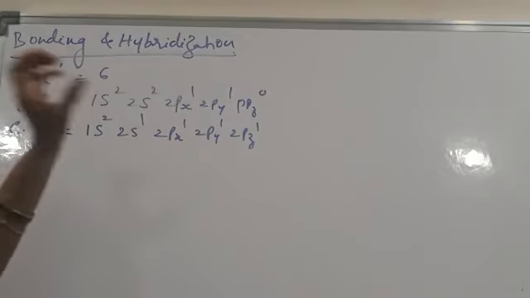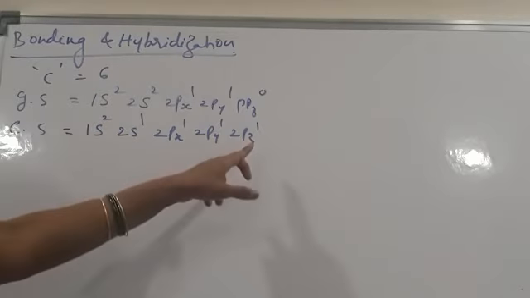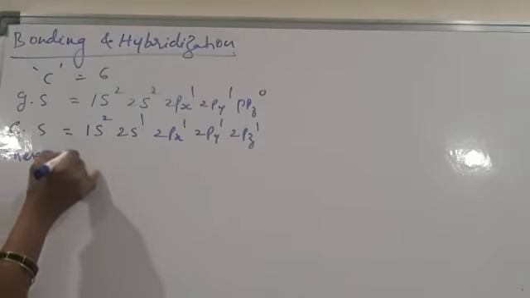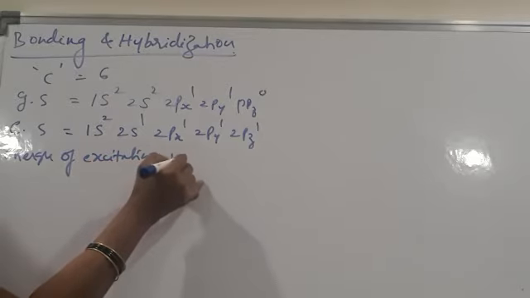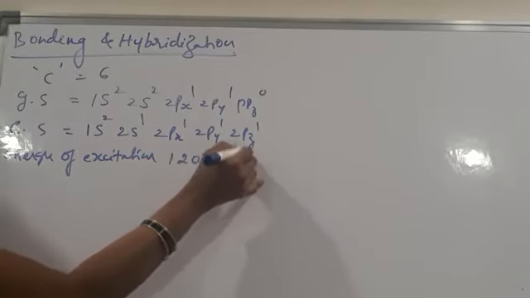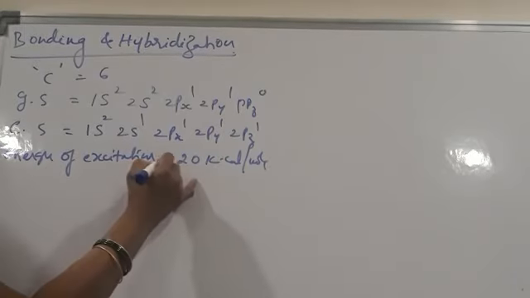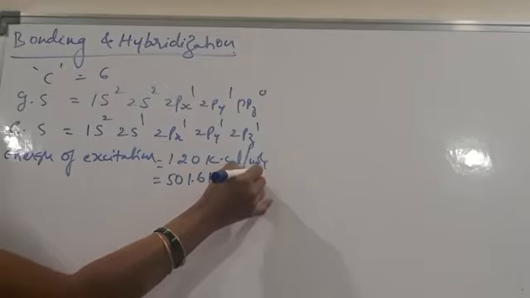And energy of excitation, to excite one electron from s orbital to p orbital, is 120 kilocalories per mole. Or in kilojoules, this is equal to 501.6 kilojoules per mole.